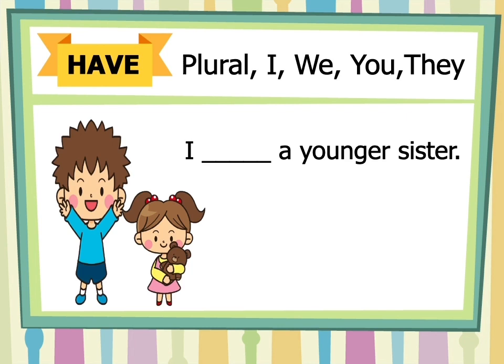I dash a younger sister. In this sentence we can see I. Let us see the rule box. I is there in this rule box. So we will write here, have. I have a younger sister.